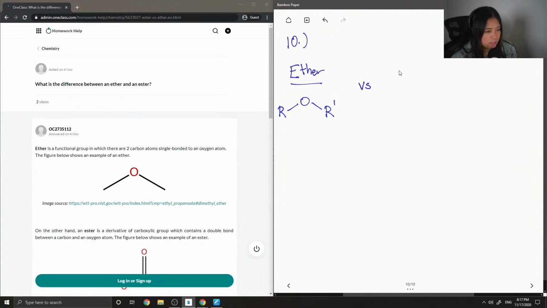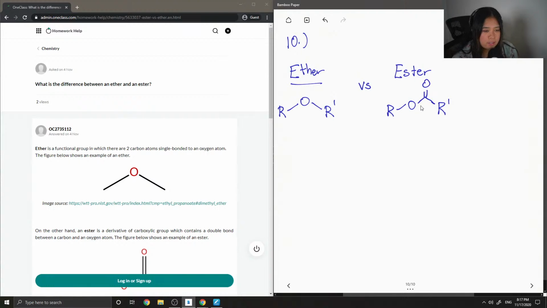So ester is similar. It is also found in the middle. However, instead of a single oxygen, it actually has some carboxylic tendencies, shown like that.